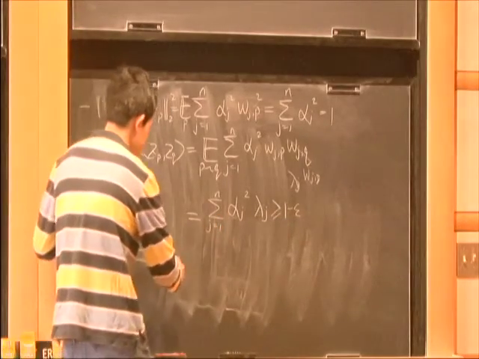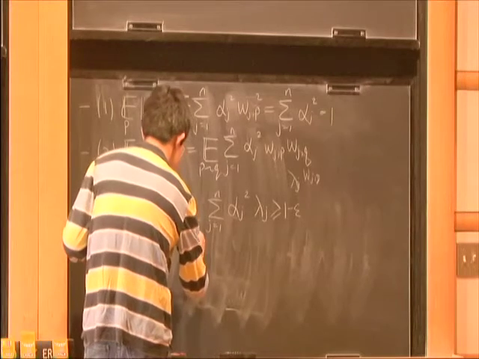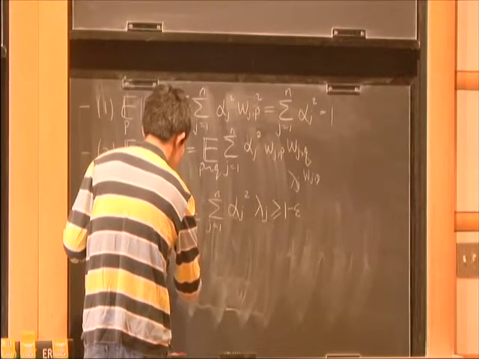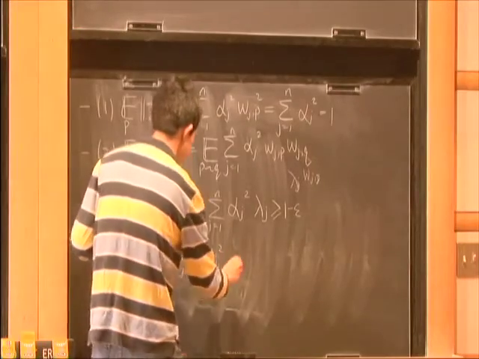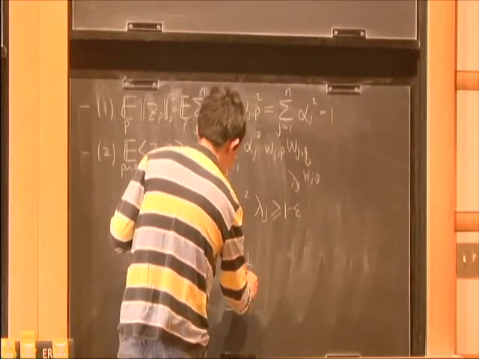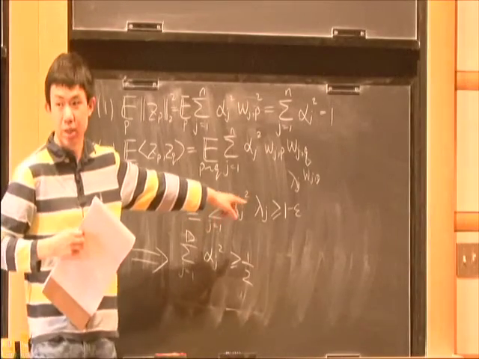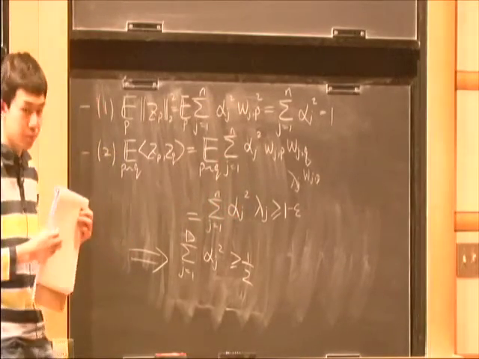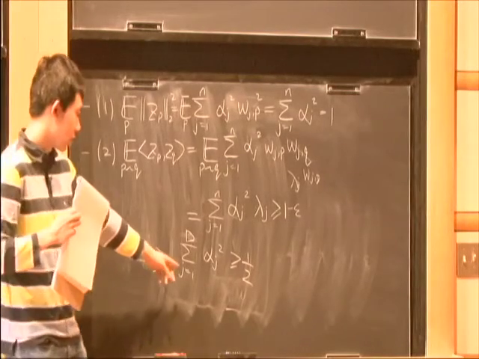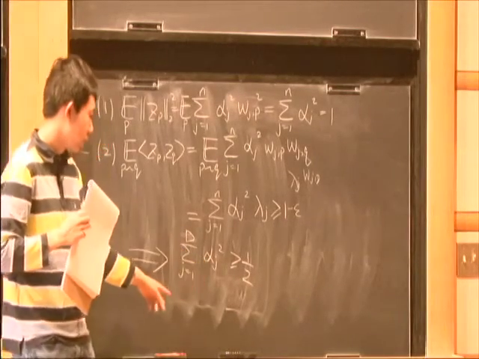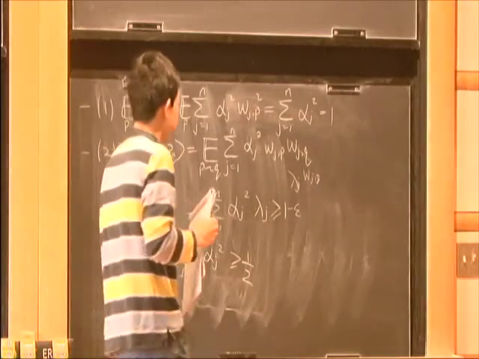So this is essentially saying that sum of j from 1 to d, alpha j squared is at least half. Otherwise, it's impossible to have this be bigger than 1 minus epsilon. So now we know that a significant fraction of the weight lies in the first d coordinates.